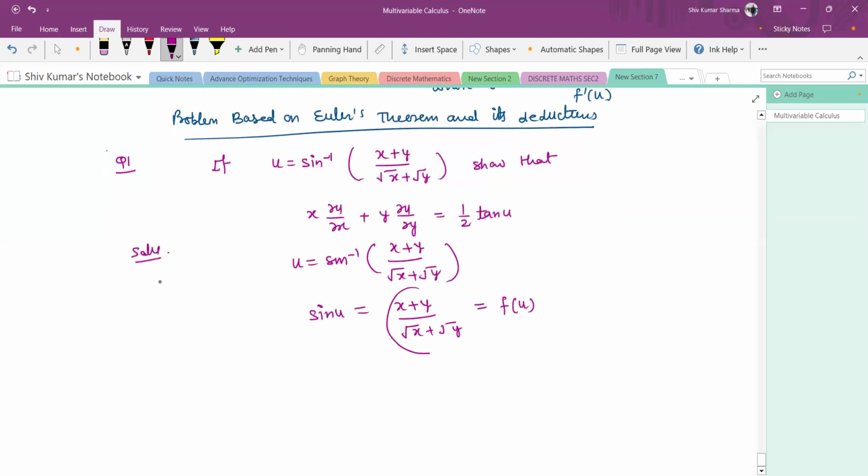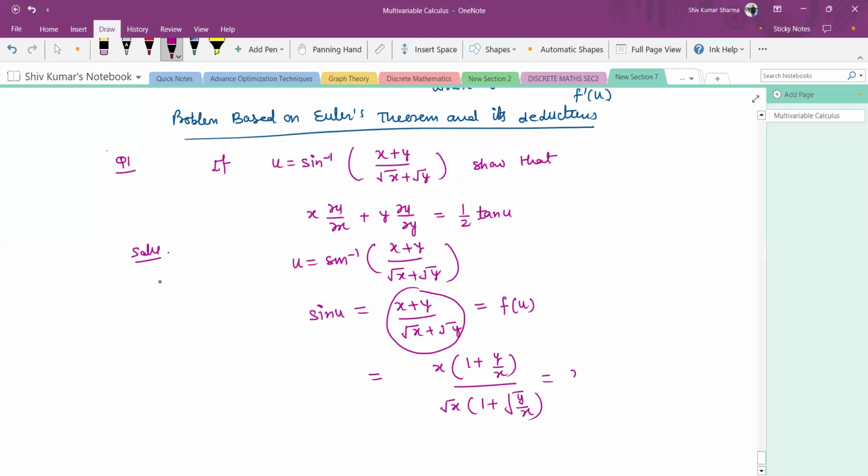We calculate the degree as follows. We take x common from the numerator, so we write 1 + y/x. And from the denominator, we take √x common, so we write 1 + √(y/x).